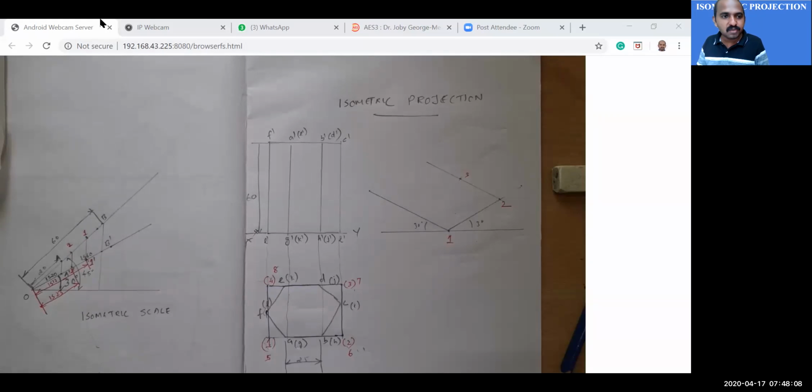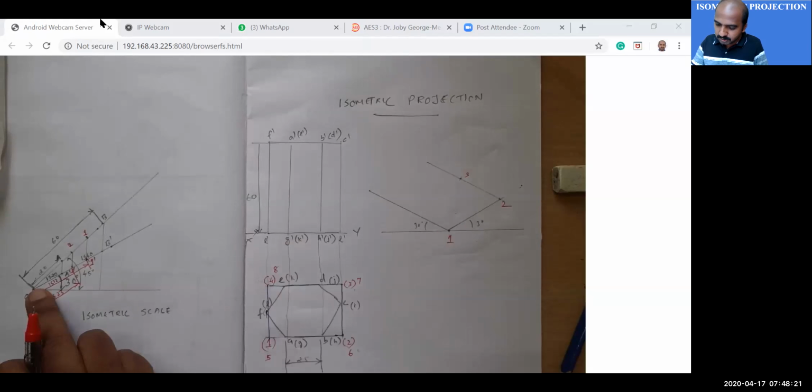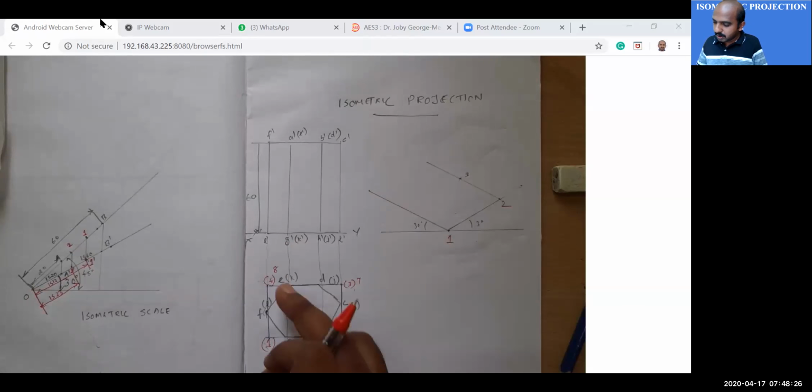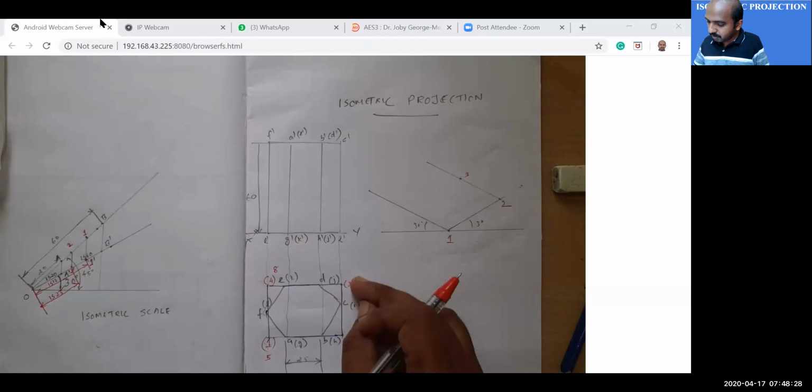Now how can you locate 4? You know that 3 4 is equal to 1 2. So from here we can measure the isometric length of 1 2 and mark it here. Or 2 3 is equal to 1 4.